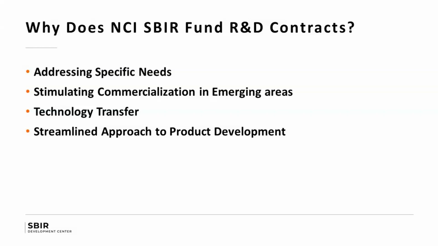Another reason is to stimulate the technology transfer for the NIH or NCI grown technologies into the commercial space, though we don't have that kind of contract topic this year. And finally, there are instances when the contract was solicited to streamline the product development for a really important product such as an anti-cancer agent.